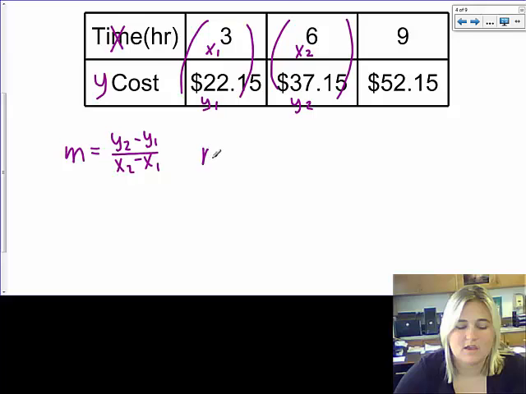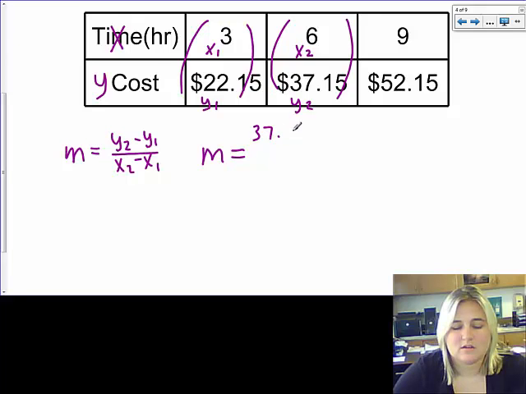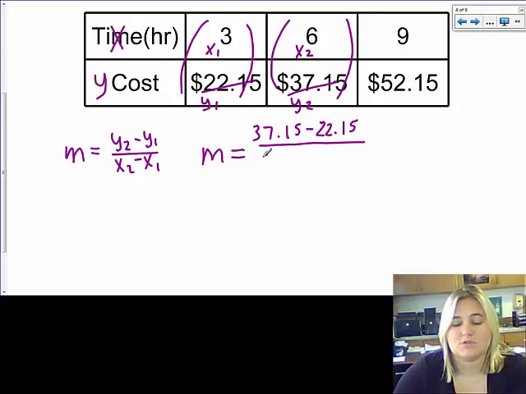So m, or my rate of change, my slope, is equal to y sub 2, which is 37.15, minus y sub 1, which is 22.15, over x sub 2, which is 6, minus x sub 1, which is 3.